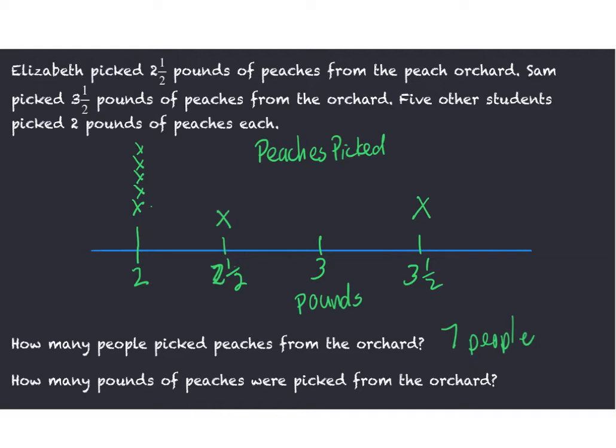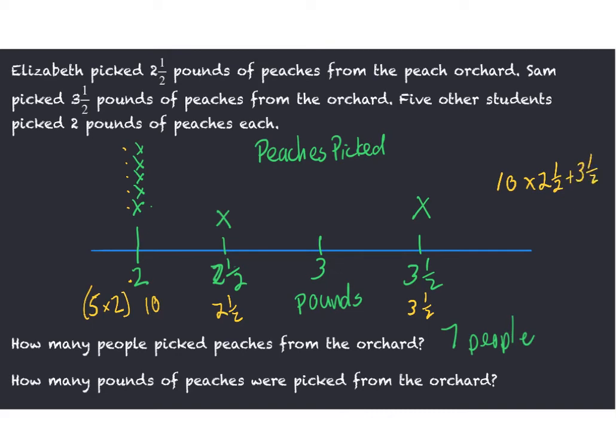So we're going to add up all the data for 2. So there are 1, 2, 3, 4, 5 people that picked 2 pounds. So I'm going to do 5 times 2. That gives me 10 pounds. So those 5 people altogether picked 10 pounds of peaches. Then we have one person that picked 2.5 pounds, and one person that picked 3.5 pounds. So now we can add this up. 10 plus 2.5 plus 3.5.